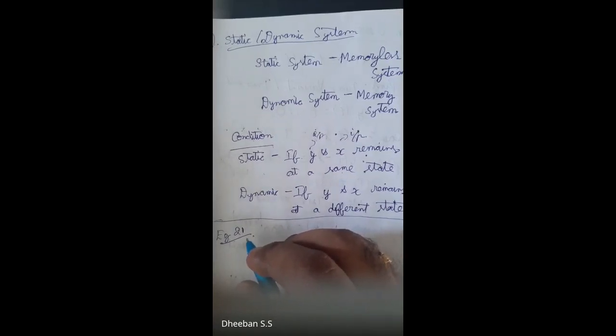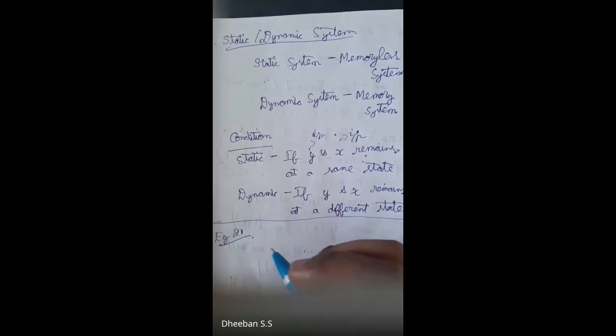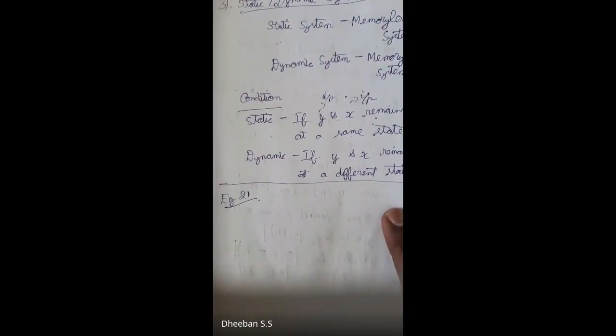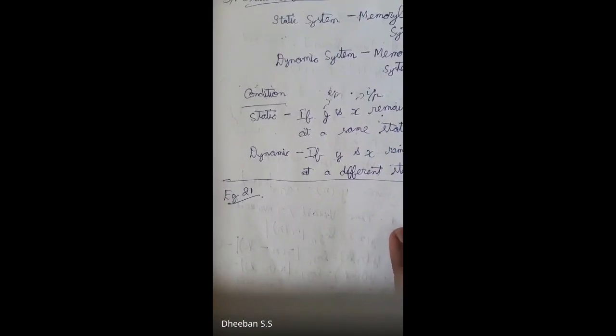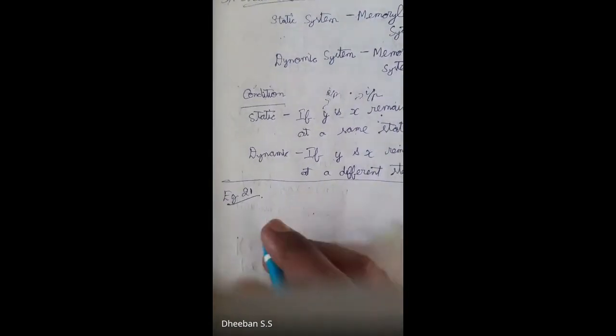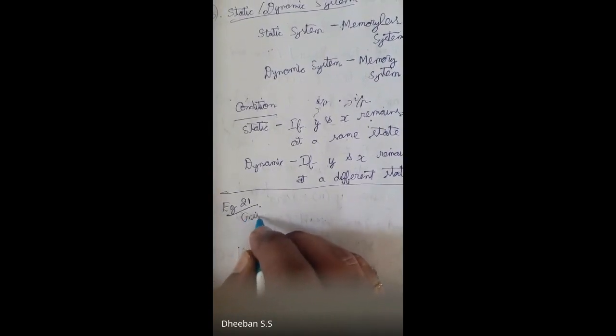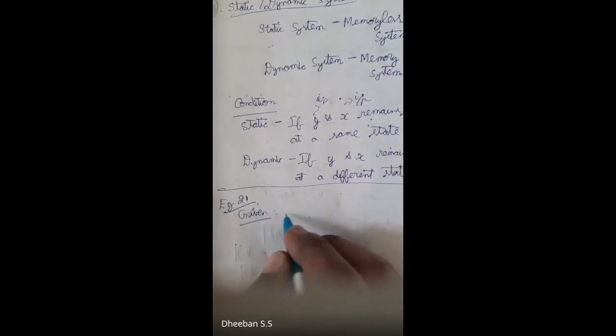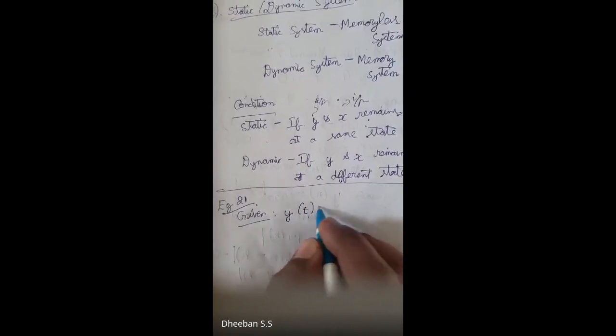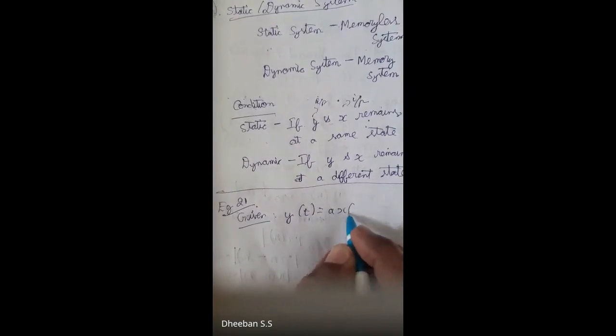As per example 21, the given is y of t equals a into x of t.